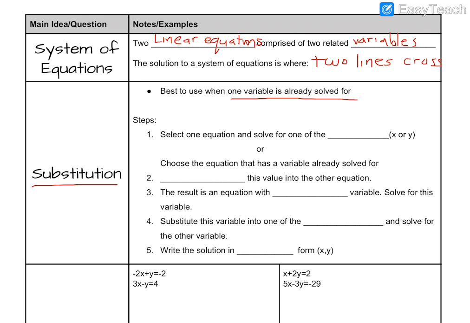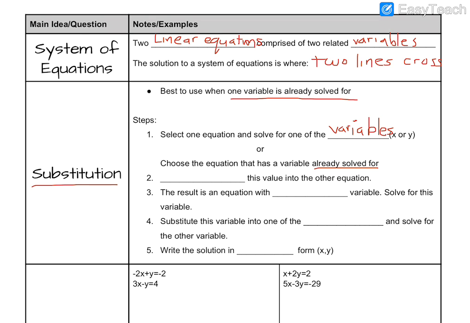Alright, so our first step is to select one equation and solve for one of the variables. So we're going to solve for either x or y in one equation. Or if there's one that it's already solved for, we're going to choose that one.